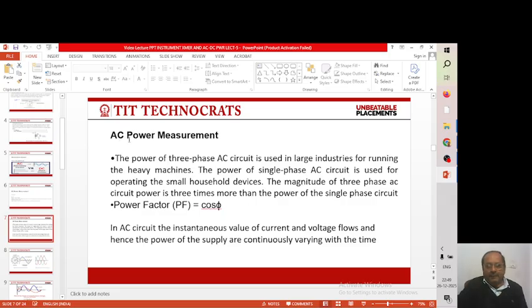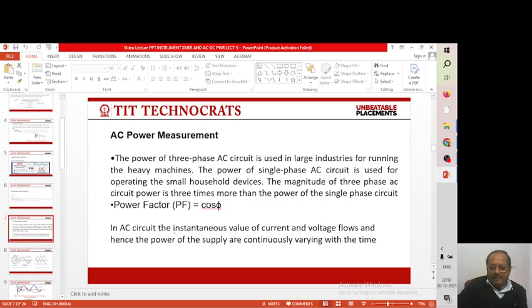So there are two types of AC circuit. First is single phase AC circuit and second is three phase AC circuit. So we will see them one by one.